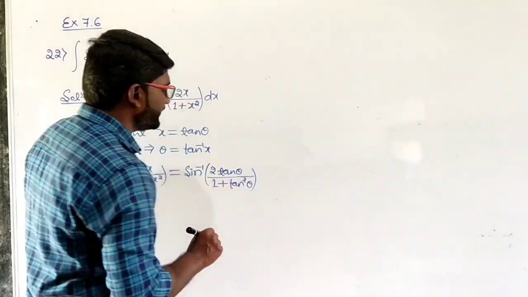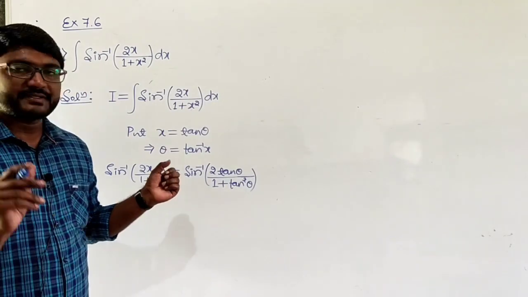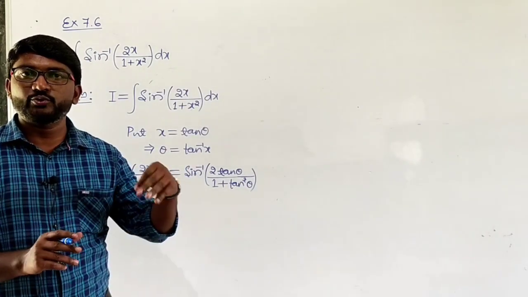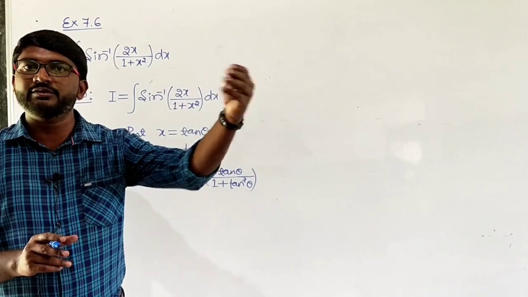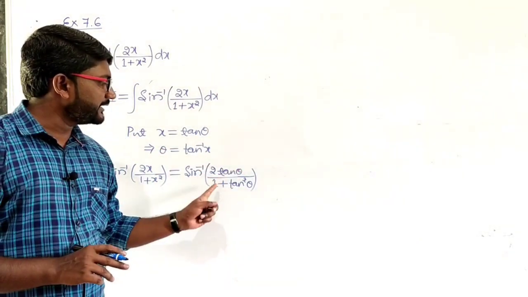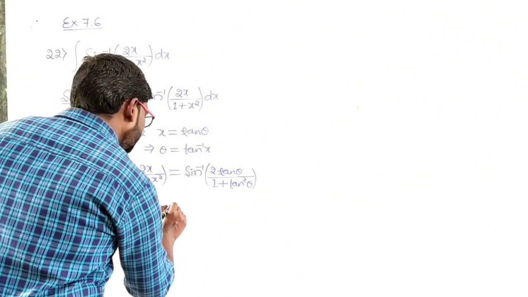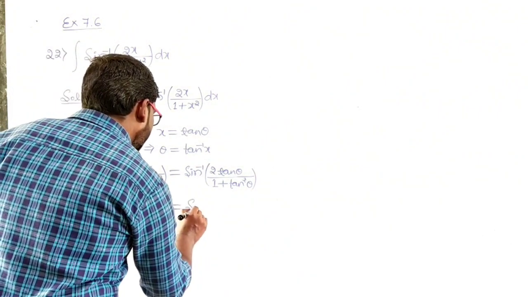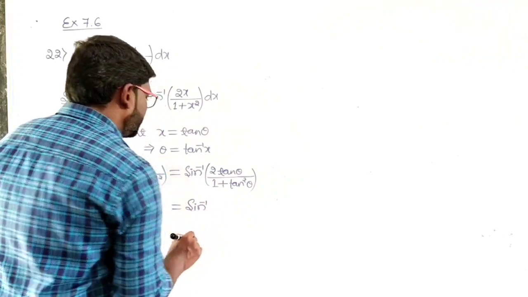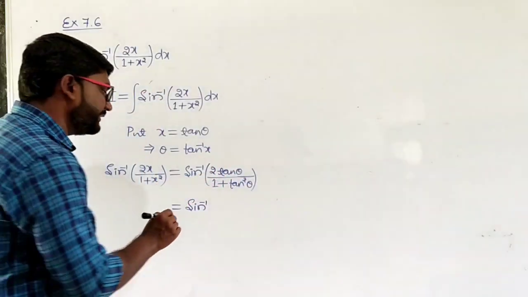In our first PUC we have studied that sin 2 theta is equal to 2 sin theta cos theta, and one more formula, it is 2 tan theta divided by 1 plus tan square theta. So here sin inverse, this can be written as sin 2 theta.